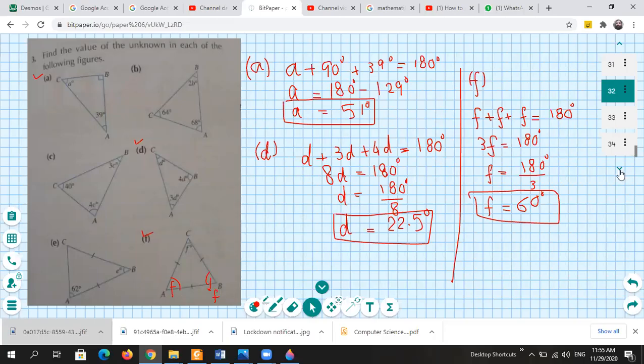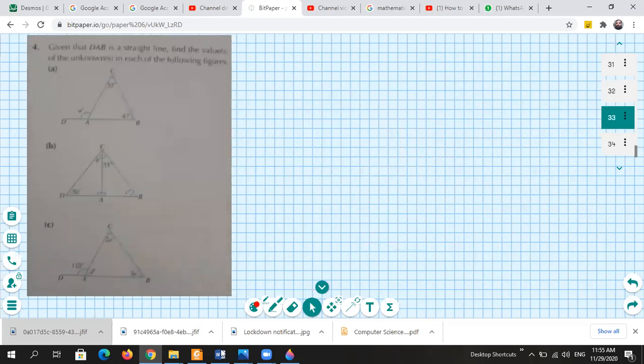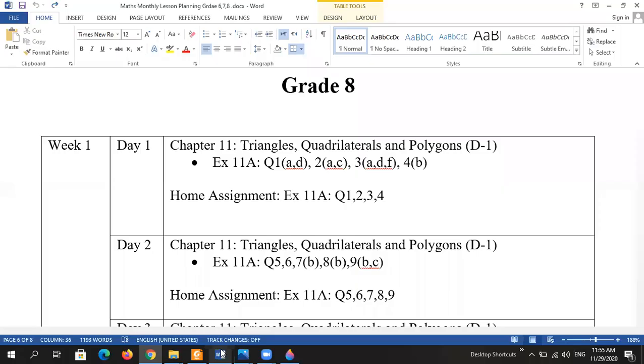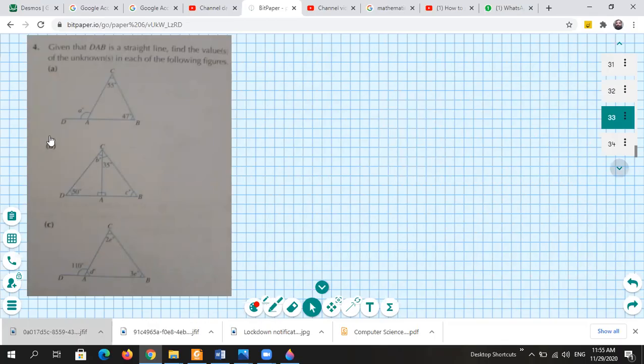All right, we try the next question, question number 4. So I'm going to try part B here. In part B, you can see that, let me zoom in.